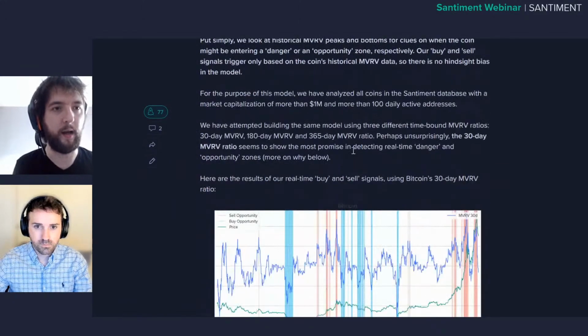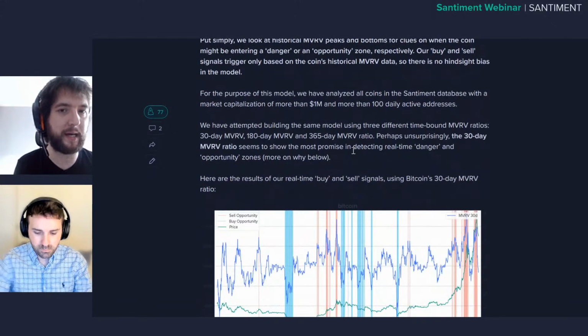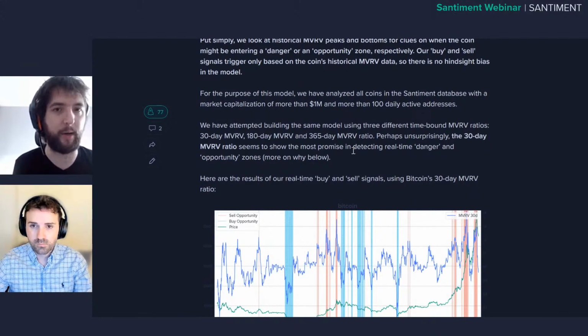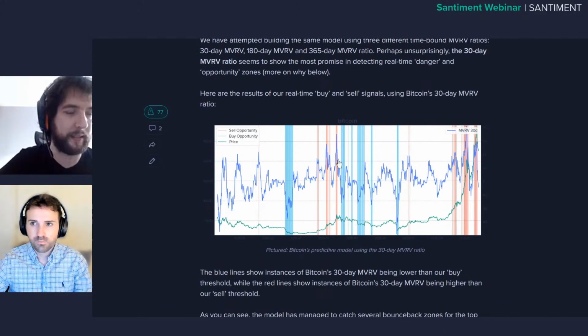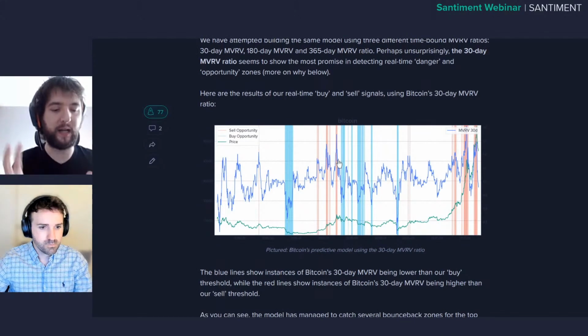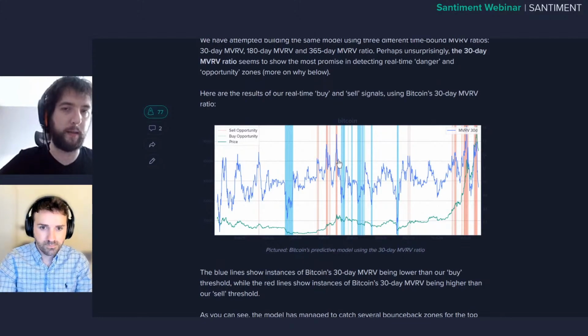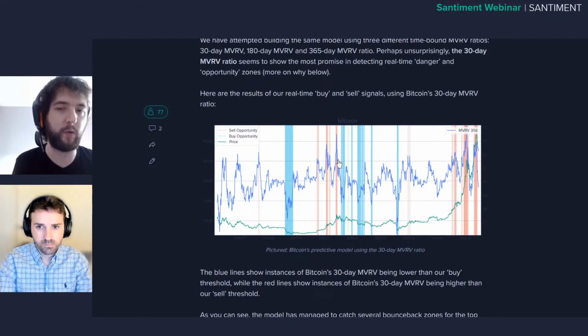I just wanted to explain and visualize exactly how we built this real-time model. Essentially, we were just looking at historical data. We calculated the median values of all of the tops and bottoms for a particular coin in the past, and then we used that to feed our real-time model with buy and sell signals.